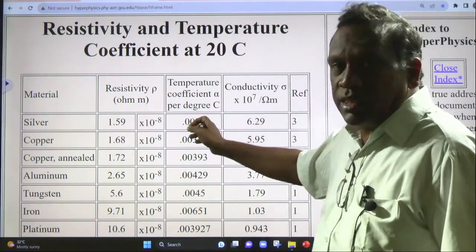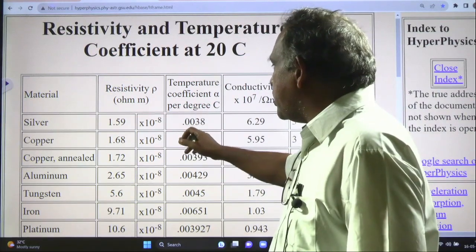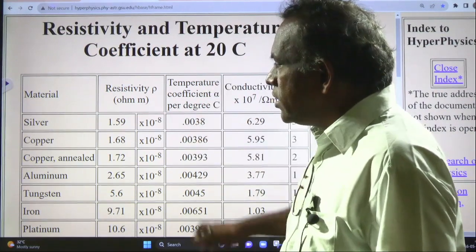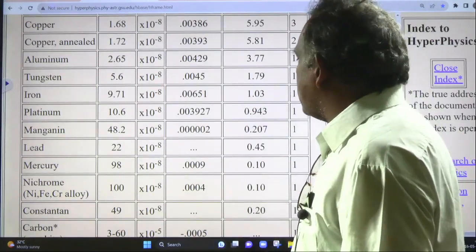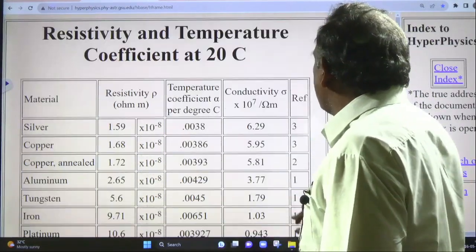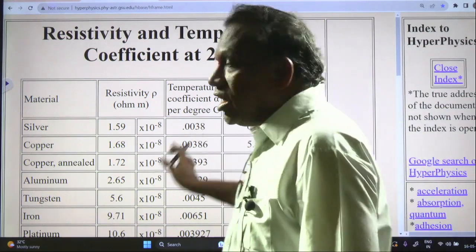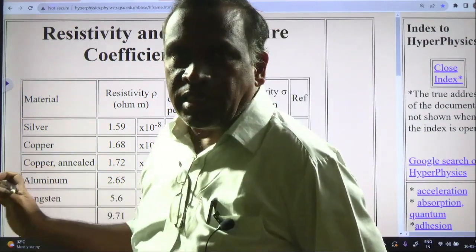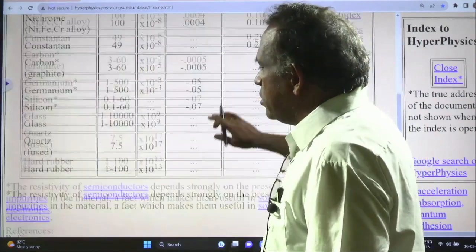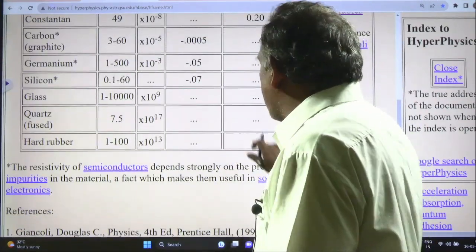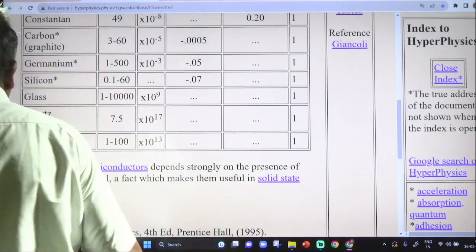Temperature coefficient of resistance, that is per degree centigrade, 0.0038 per degree centigrade. Copper, aluminium, tungsten, these are the values you can observe here. Conductivity value, temperature coefficient of resistance value, resistivity value, these are different tables, with different values of the constants.